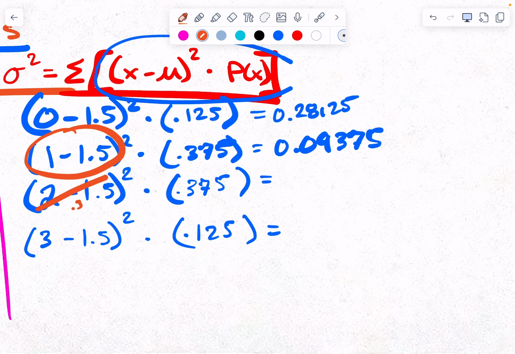This is going to be another 0.5 squared, right? 0.5 squared times 0.375. Oh, that's the same thing again. True?